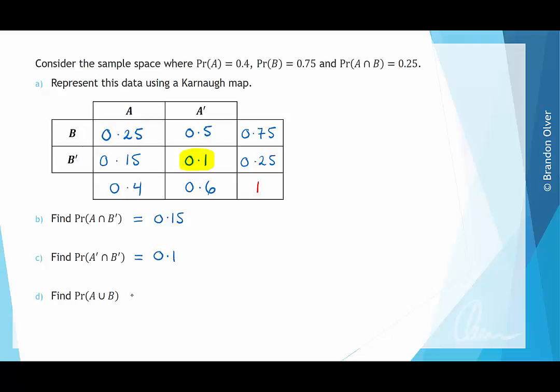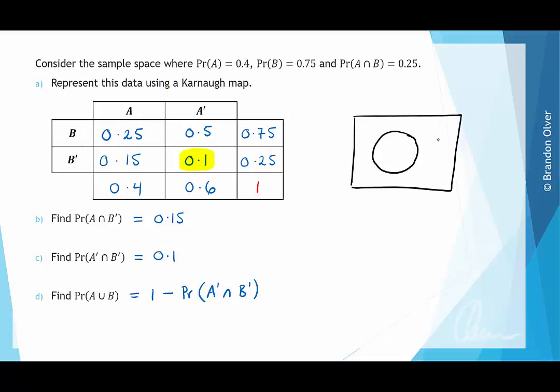If we take the 1 and subtract away the probability of everything that's not in A intersecting everything that's not in B, we would find the probability of A union B. Essentially, on a Venn diagram with A and B, we look at all of it that is not in A or B. That is represented by this green number here.